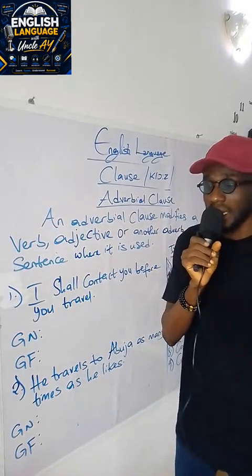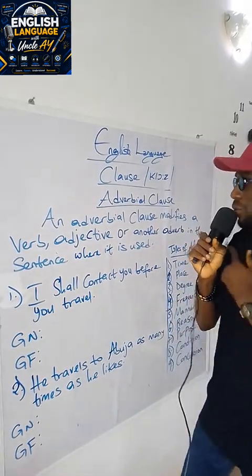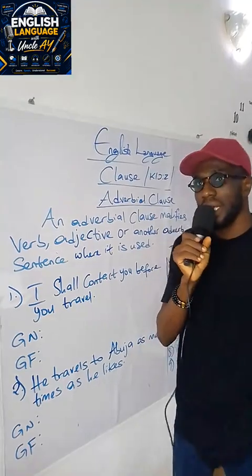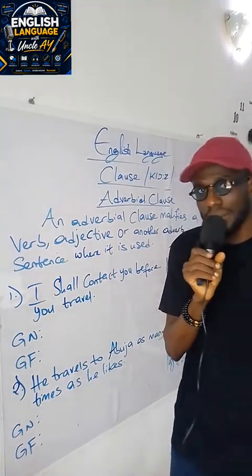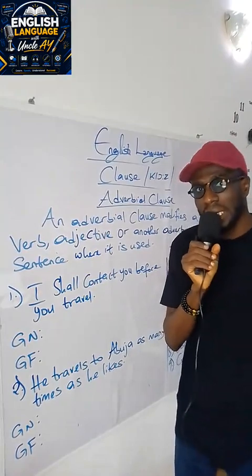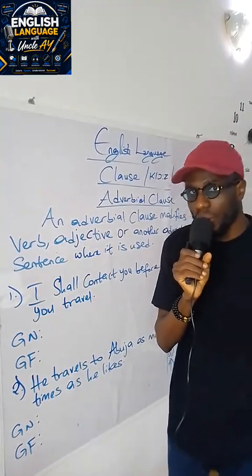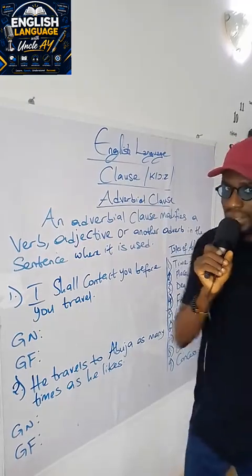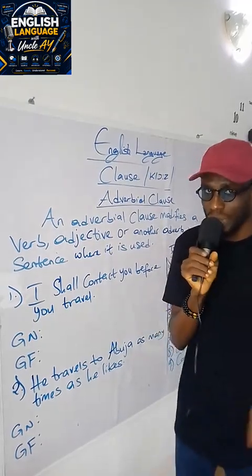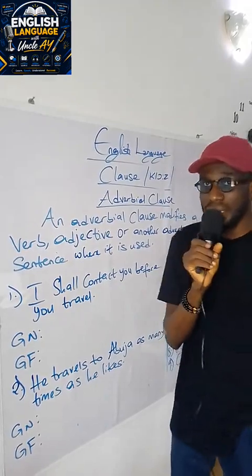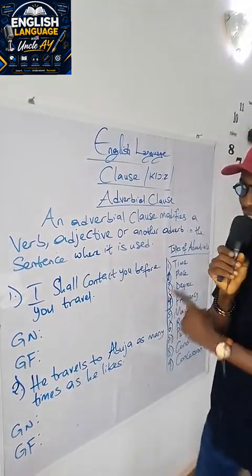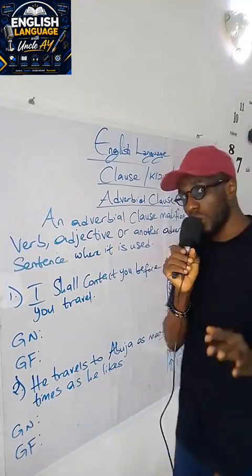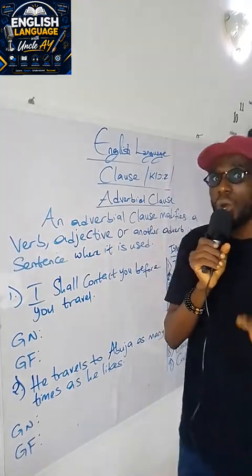And in the last video, it was time for us to look at the second part, which is the subordinate or the dependent clause, of which we also looked at its types. So we started from noun clause, right? And then we looked at the adjectival clause. So this right here is the adverbial clause to conclude this series on clause.